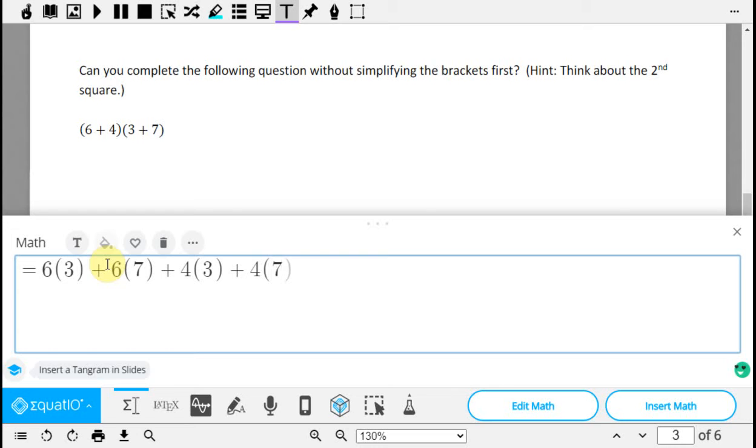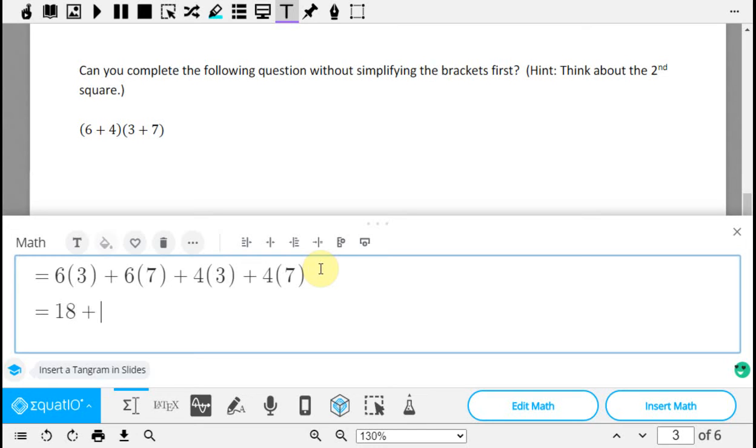And if you look back at the square above, you'll notice that each of these represents the areas of each of those rectangles within that square. So we end up with the same numbers we had at the bottom of that square. 18 plus 42 plus 12 plus 28. And that added up to 100.